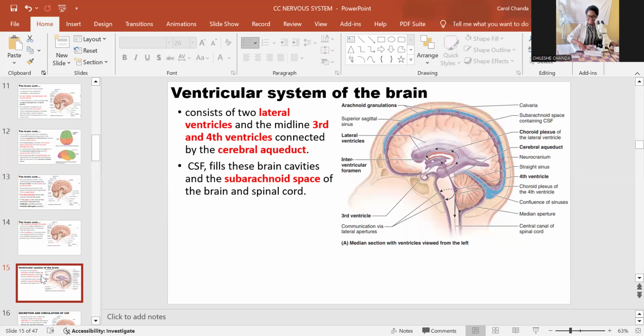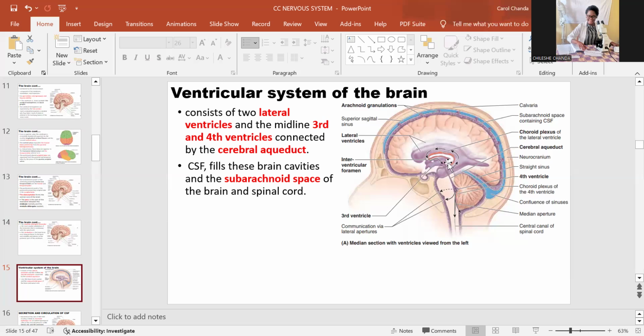So we have four cavities. First of all, we have lateral cavities. These are two of them, one on each side of the cerebral hemisphere. And then we have one midline, a third ventricle over here.